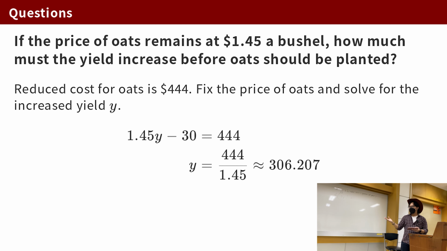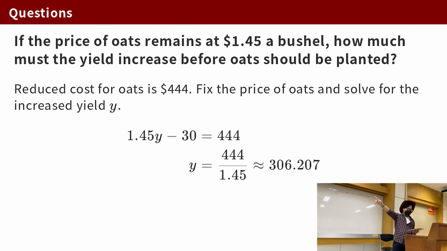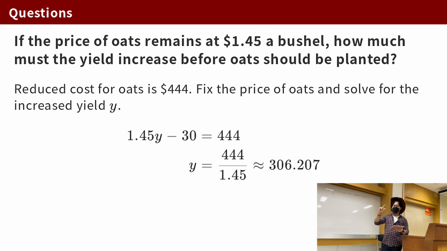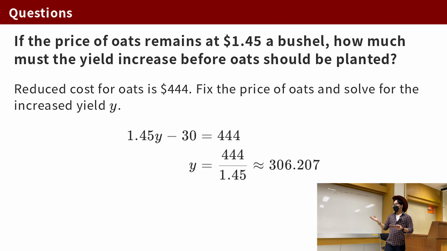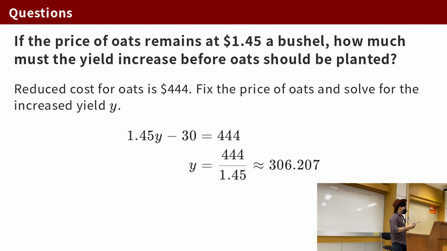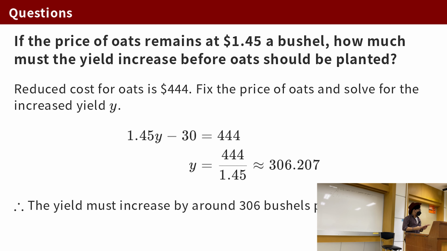Here, 444 is the reduced cost, and we want to find the difference in expected return. Based on the objective function, we solve that equation, and we end up with the yield having to increase by around 306 bushels per acre before it should be considered.